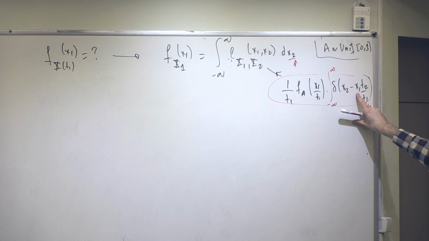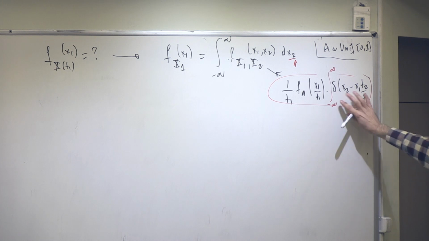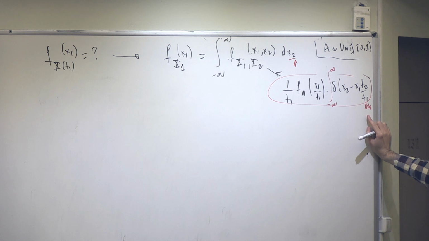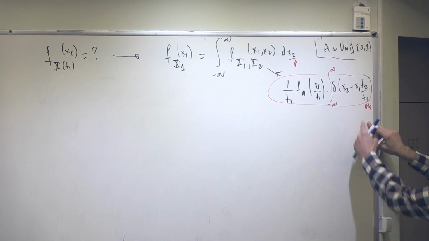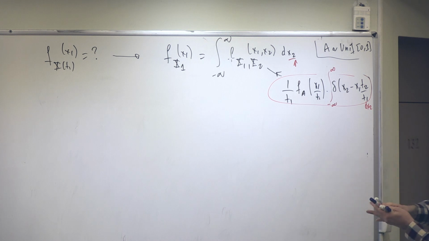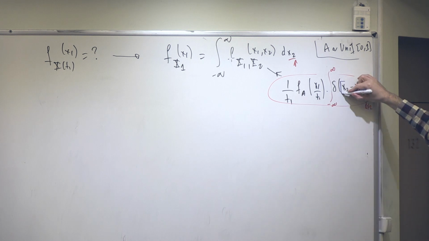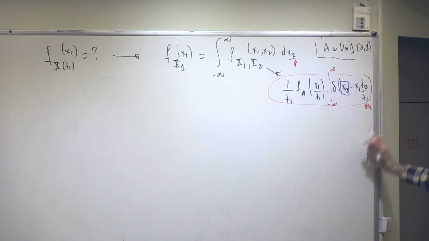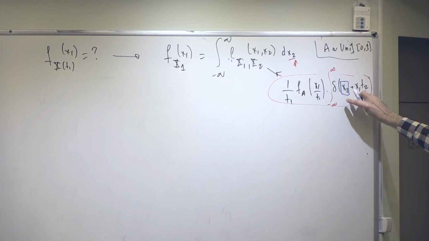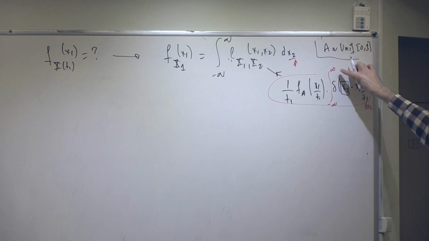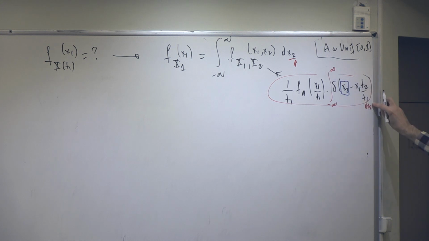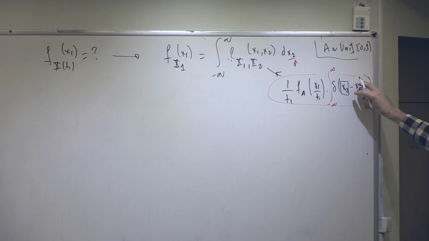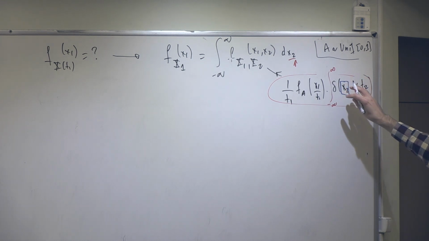So you should be always careful with this kind of integrals. When you look at this integral, what is the variable of integration? Obviously, x2. So for the sake of this integration, just be careful. This is the variable. So whatever you have over here is just a constant for the sake of this integration. Okay? So think about it like a numerical value. So as x2 ranges from minus infinity to infinity, it will hit this numerical value, whatever it is. Then at that value, it will be equal to 1. Okay?